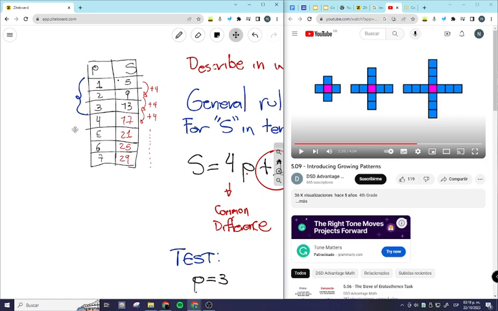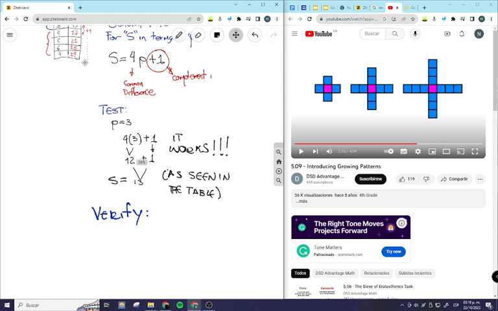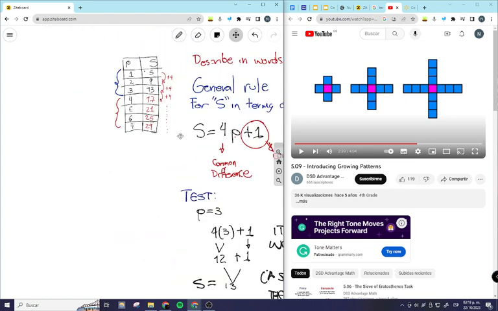No, for verifying, you do it with positions 4, 5, 6, or 7. The positions that you didn't know at the beginning from the table. Please don't do it with numbers that are outside the table, because what is the purpose of verifying? The purpose of verifying is to check that how you completed the table was correct.